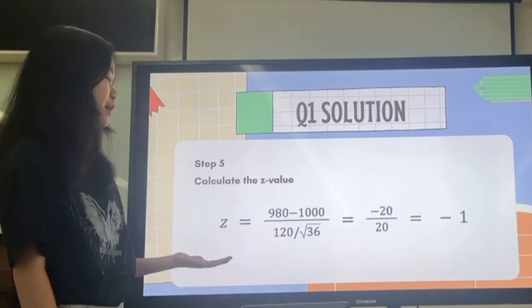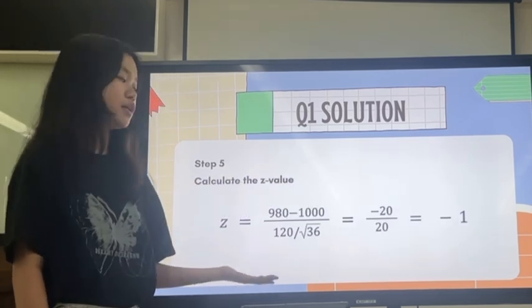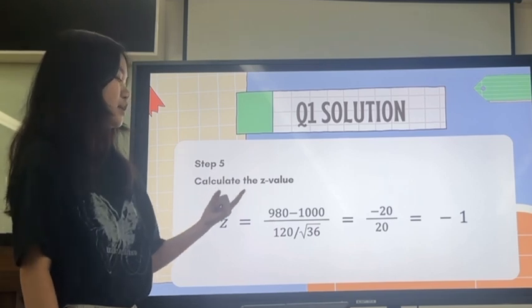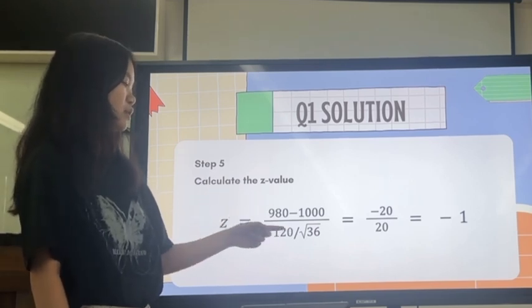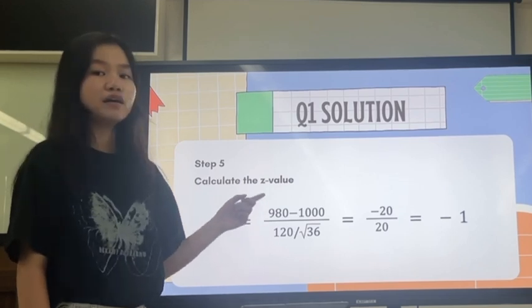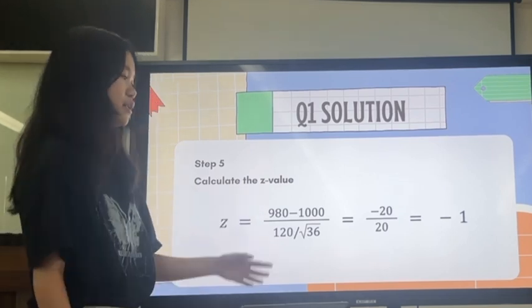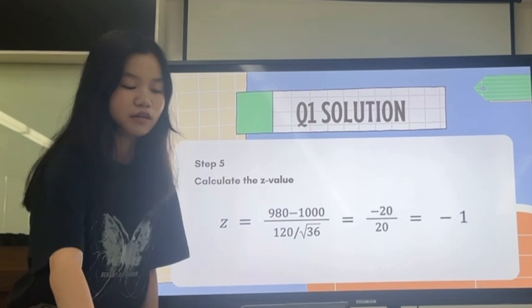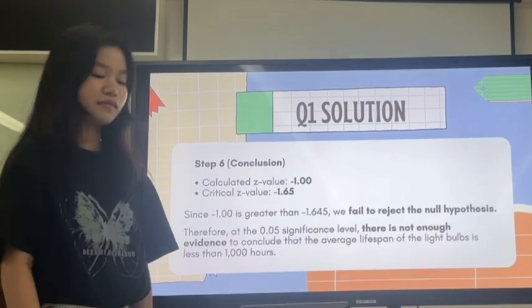For step 5, we use the formula earlier: 980 minus 1000 divided by 120 divided by root 36, and we get the solution, minus 1, for the Z value.